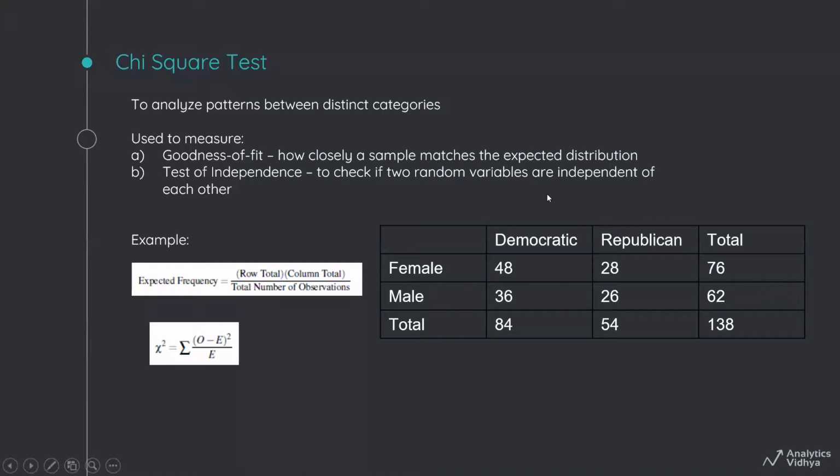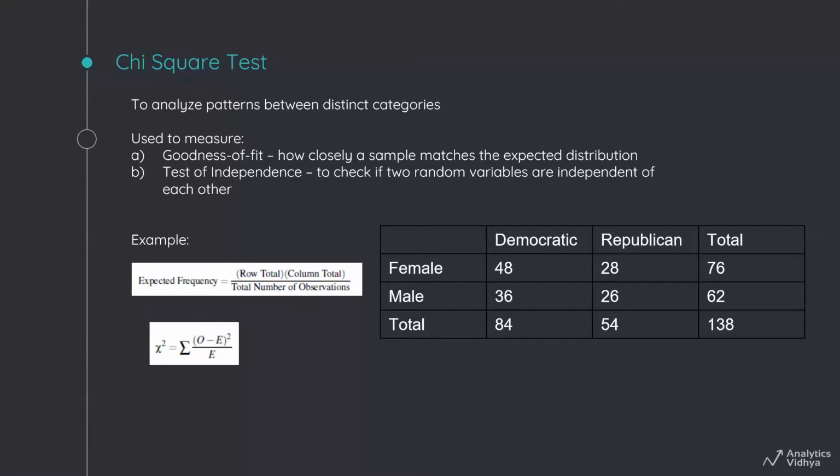So till now we were looking at one particular data type, one particular drug sample, or one particular election result, or the average scores scored by students, which are numbers. Now imagine a scenario where you're trying to conduct a survey, and you believe that the female population is more inclined towards the Democratic Party rather than the male population.